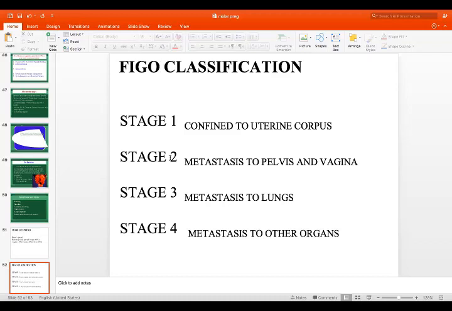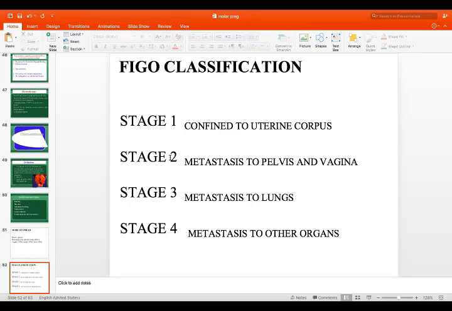This is how you will classify choriocarcinoma. This is the clinical classification. There are four stages. Stage 1, which is confined to the uterus. Stage 2, metastasis to pelvis and the vagina, local metastasis. Stage 3, metastasis to lungs.